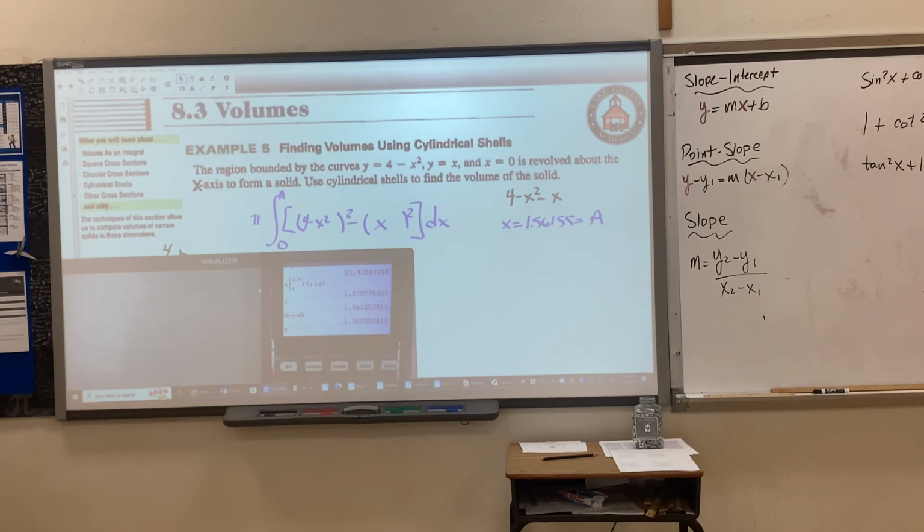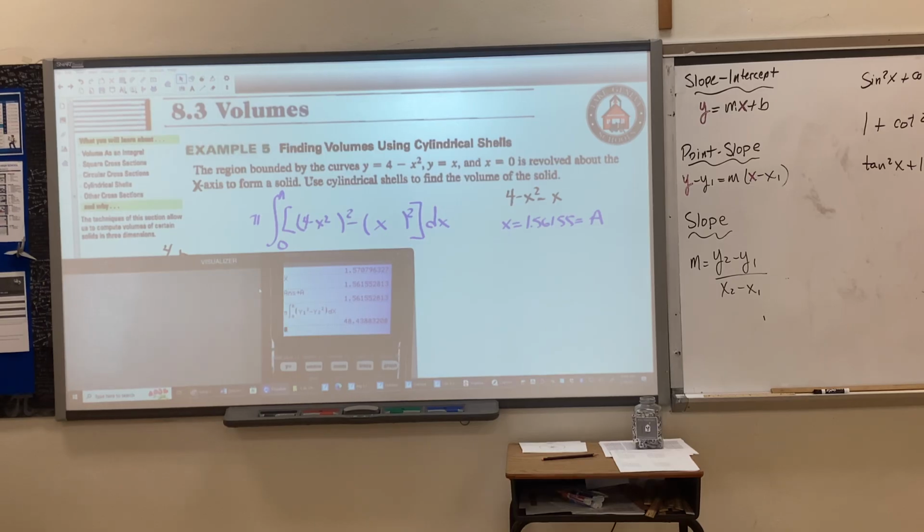Pi integral 0 to a y1 squared minus y2 squared dx. Get that? 48.4388? Yeah.